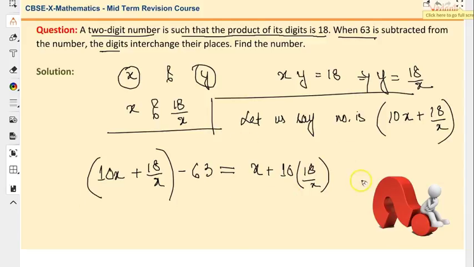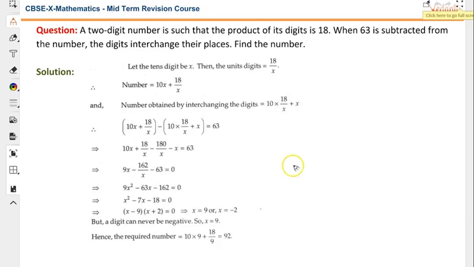Now if you simplify this, you will get a quadratic equation, guys. So simplify it quickly and see what equation you're getting. You will get this equation: 9x square minus 63x minus 162.